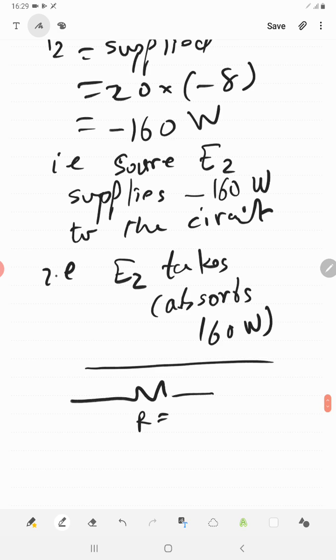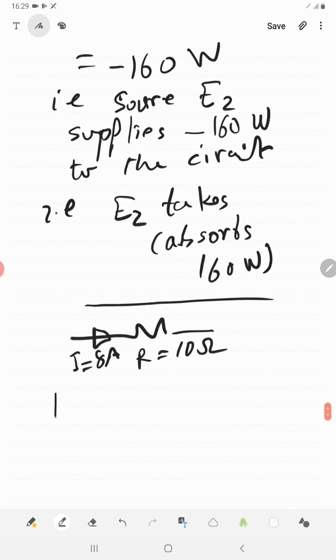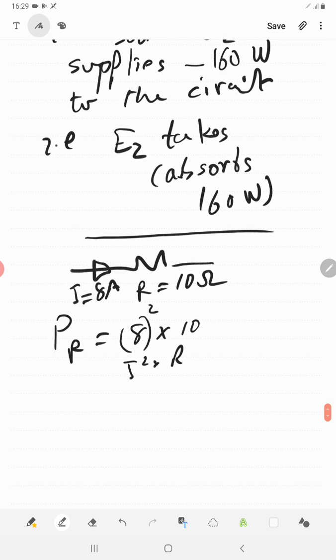Then for the resistor, what we have, R is equal to 10 ohms and the current passing through it equals 8 amps. So the power of the resistor is I squared times R, 8 squared times 10. So it will be 8 times 8 is 64, times 10, 640 watts.